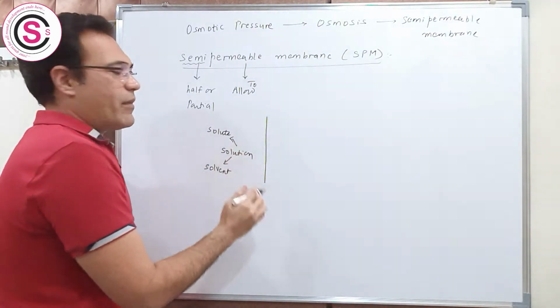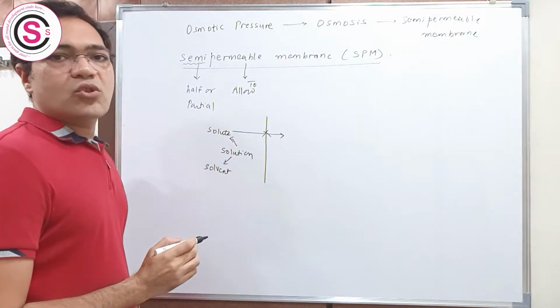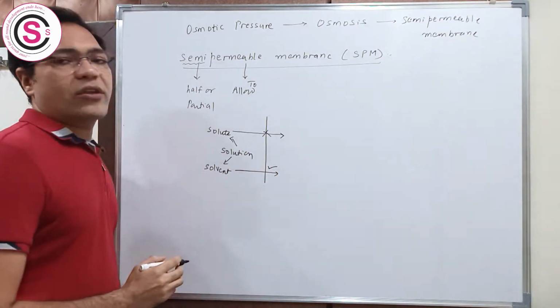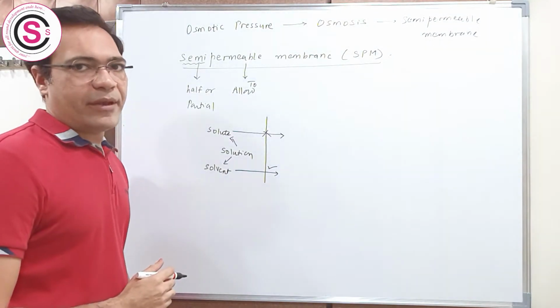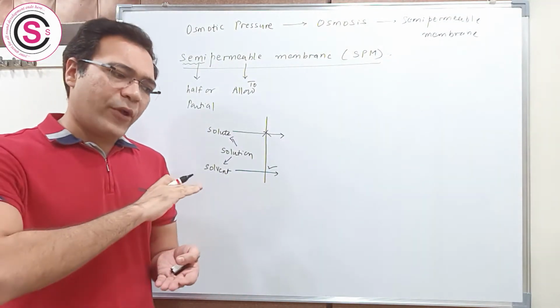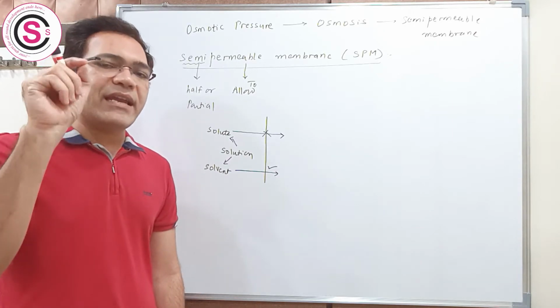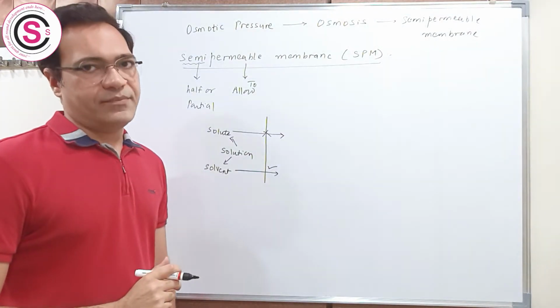This particular membrane will not allow the solute to pass through it, but it will allow the solvent molecules to pass through it. Such a membrane is known as a semi-permeable membrane. It will look like a continuous sheet of membrane, but it will have very tiny pores through which only the solvent molecules will be able to pass.